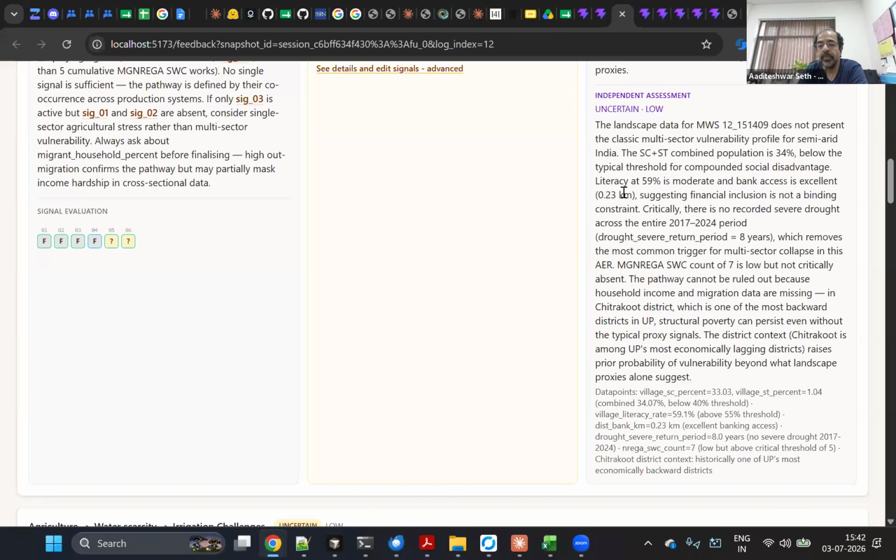The bank is only within 0.23 kilometers, suggesting financial inclusion is not a binding constraint. Critically, there is no recorded severe drought across this period, which removes the most common trigger for multi-sector collapse in this region. NREGA count is 7, which is low, but not critically absent. The pathway cannot be ruled out because household income and migration data are missing. So you can see.